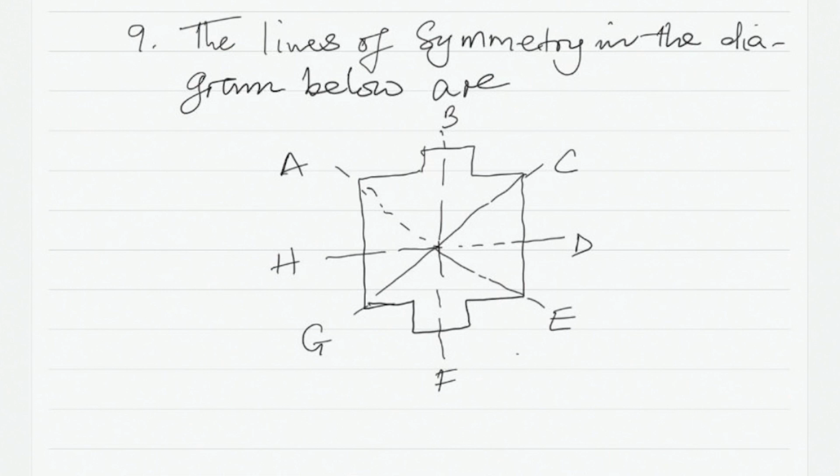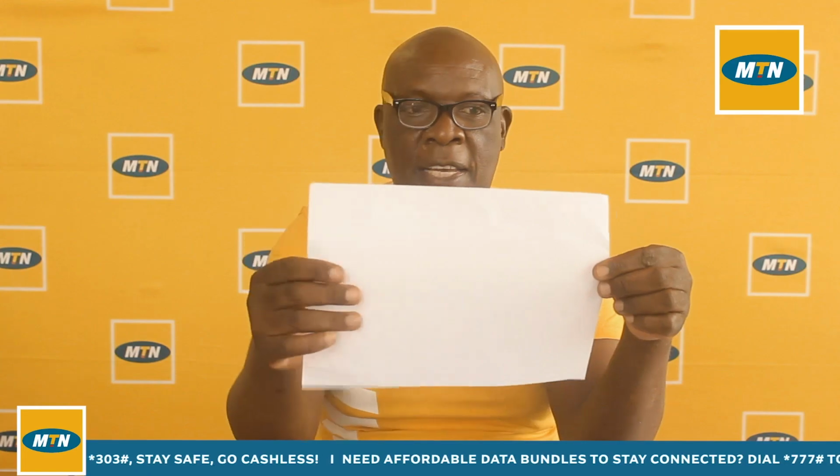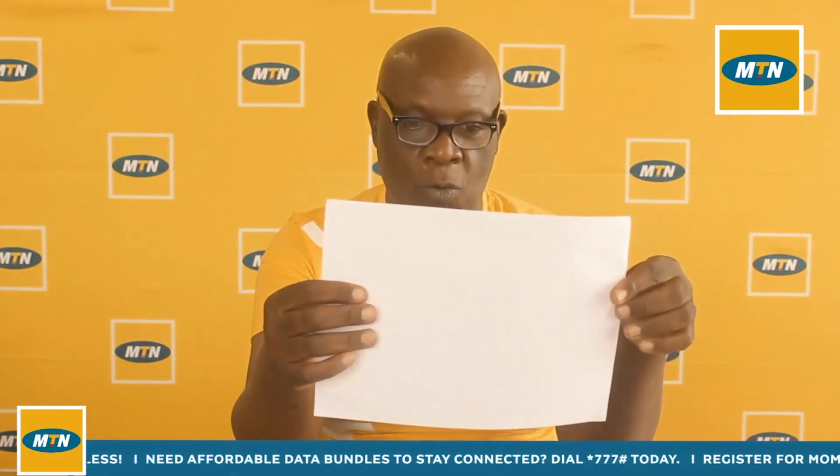Now, when we look at this figure, we shall be able to appreciate it if we look at a paper like this one. This is an A4 paper, and it is in the shape of a rectangle. Two sides here are equal, and this side and this side are equal.